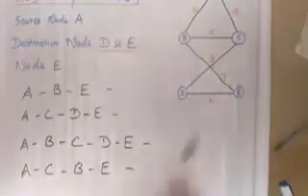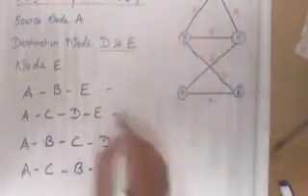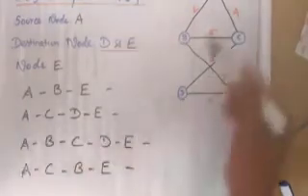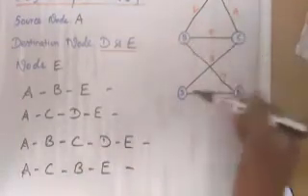Now similarly, we'll find the route for E. Now we have taken as a second one node E, and from source node A, we have taken the possible 4 routes. Route number 1 is ABE, route number 2 is ACDE, route number 3 is ABCDE, and route number 4 is ACBE. Now similarly to what we have done for D, I am just going to calculate here.